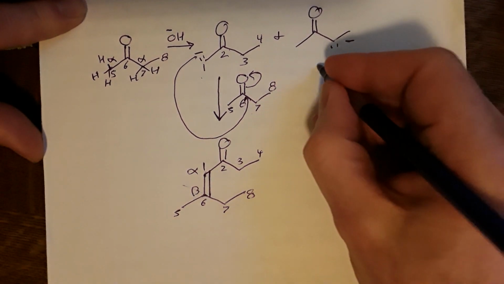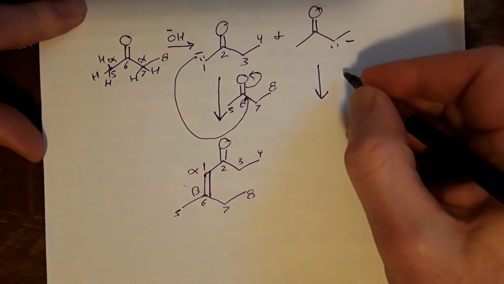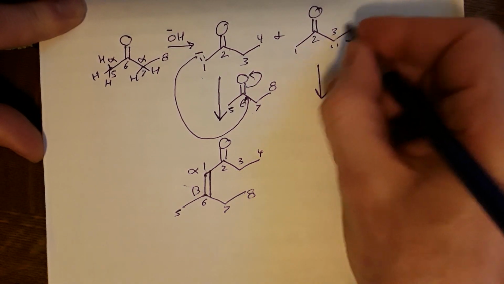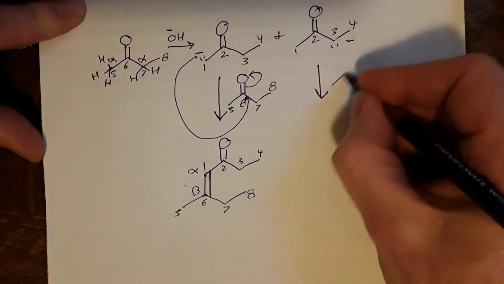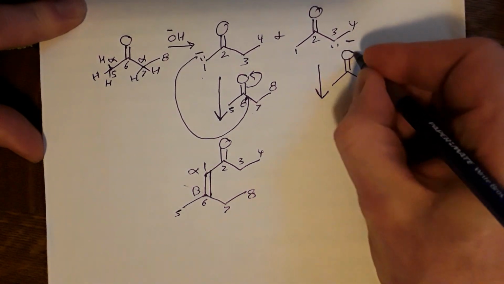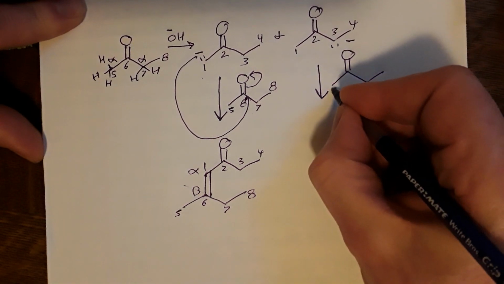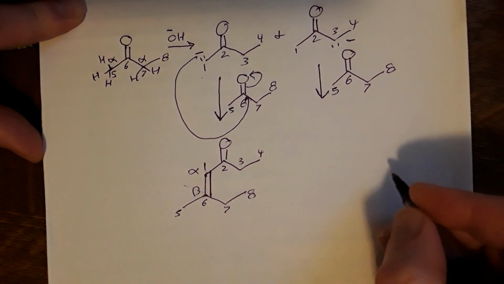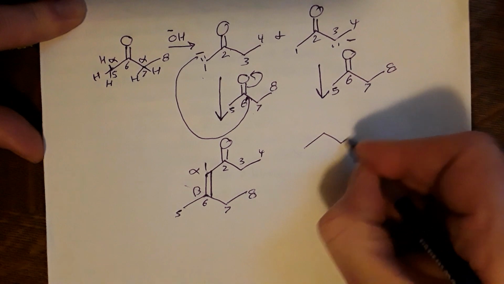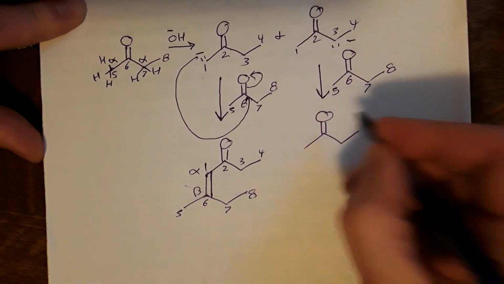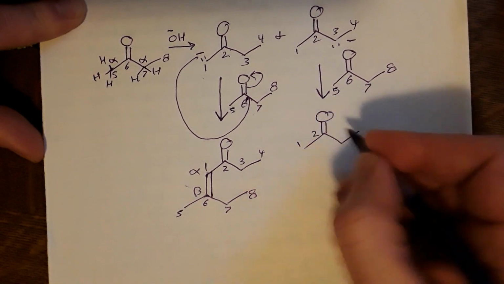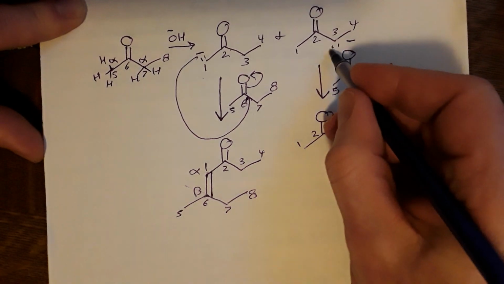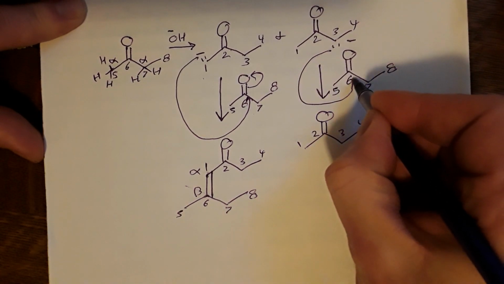And the other one then, I'm going to number this the same way, 1, 2, 3, 4, and number my electrophile the same way, 5, 6, 7, 8. And I'm going to draw the product, so I'm starting by drawing what was the enolate there. 3 is going to form a bond to 6.